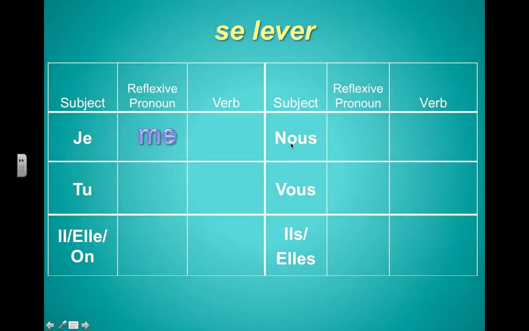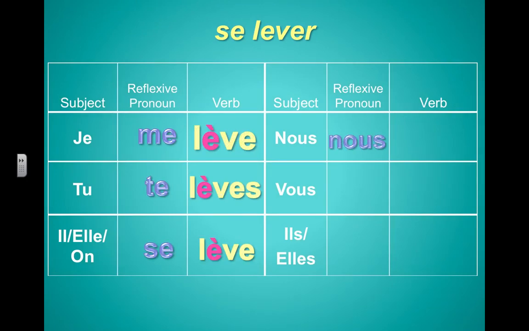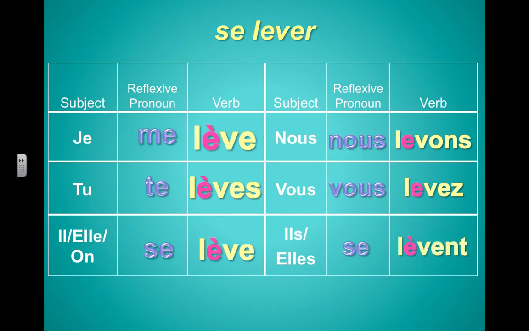So, je me lève, tu te lèves, il se lève, nous nous levons, vous vous levez, and ils se lèvent. So it kind of takes on a boot format here. We'll talk about this more in class because this is kind of a complicated concept.